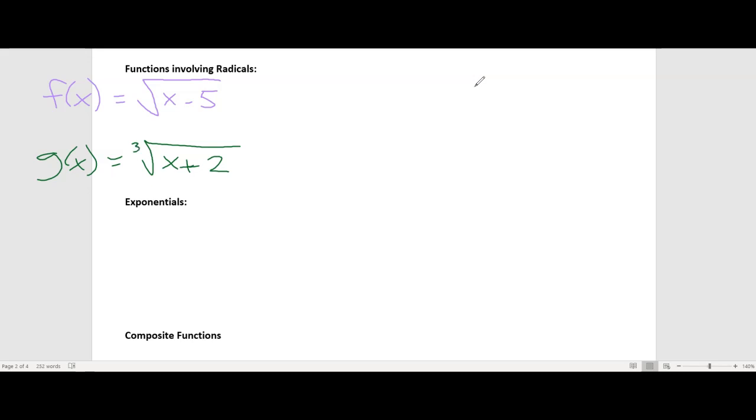Okay. So if we think about radical functions and where they may or may not be continuous, we also have to think about where they may not be defined at all. So if we have a radical that has an index that's even, right? Our index is right here, that number outside of the square root.